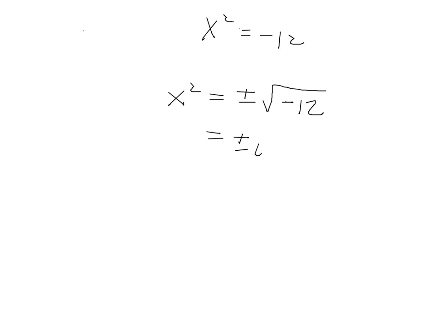So this becomes plus or minus i times the square root of 12. So it happens when you take the square root of a negative number. There's a video on complex numbers and square roots. And then we can simplify that 12. So the square root of 12 is the square root of 4 times the square root of 3.